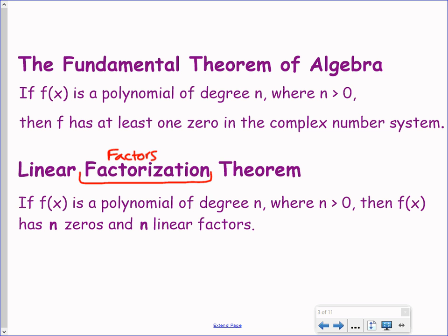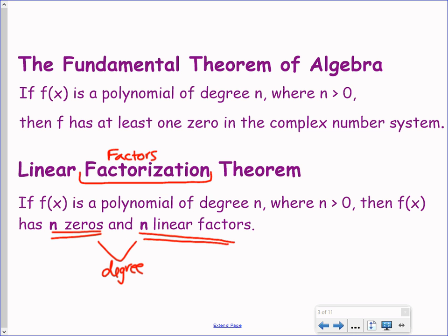Then f of x has n zeros and n linear factors. N represented what in the polynomial? The degree. Now, we already covered that a little bit in the explorations that we did for graphing in section 2.2.